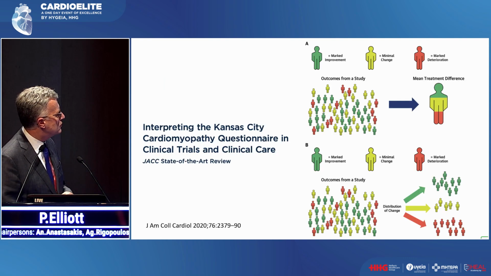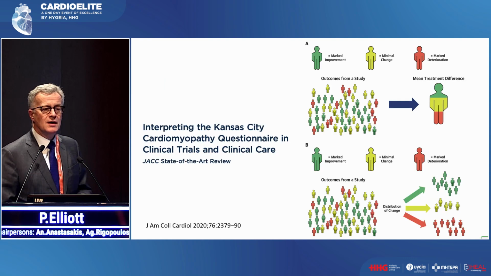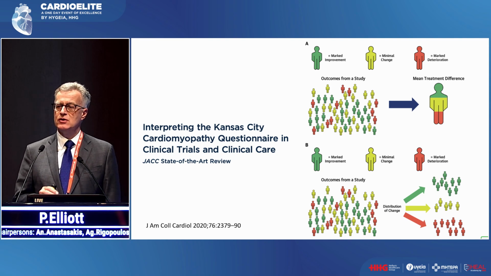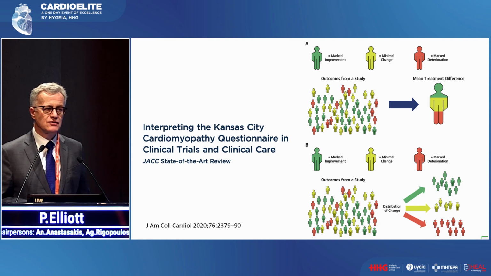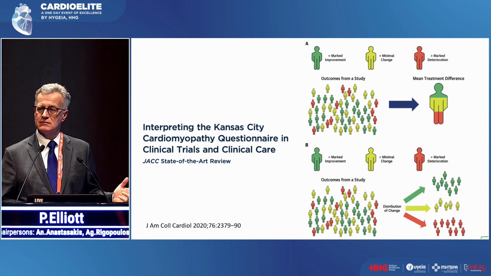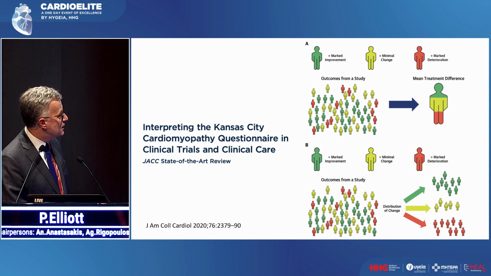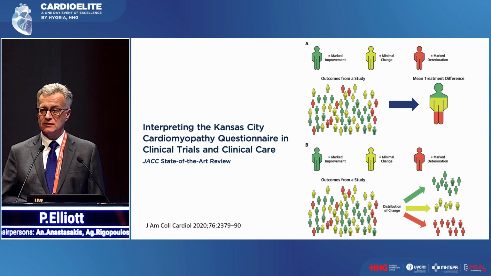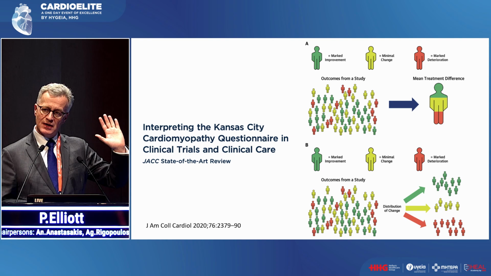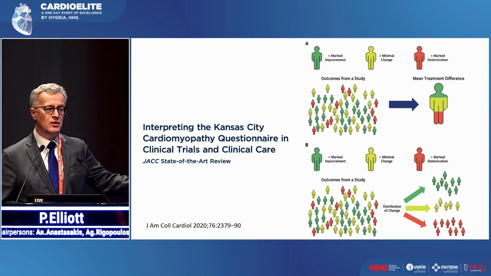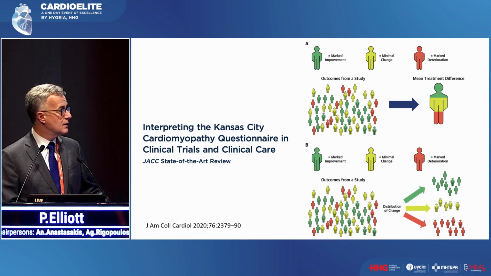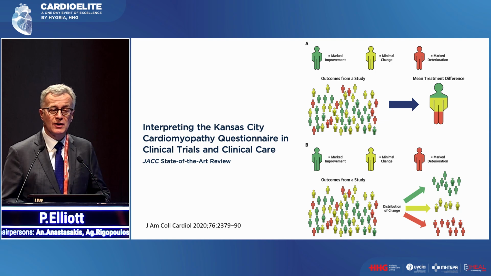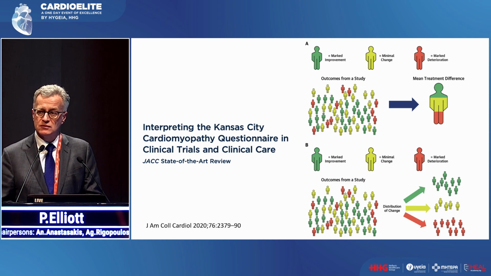Why is that important? Because just about every therapy we use has a range of effects. We don't see it because we average the effect. And if there's a net average benefit, we say that's a success, we will use that drug in everybody with HFrEF. But of course, within that population, you're going to have a heterogeneity in response.